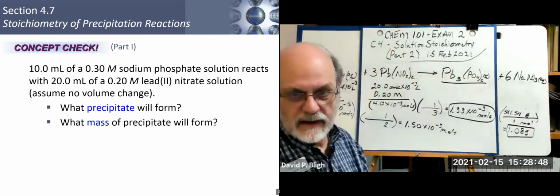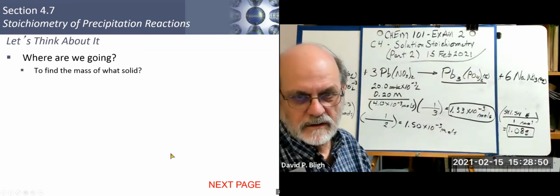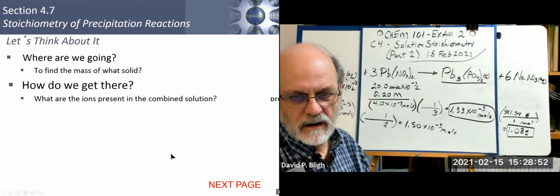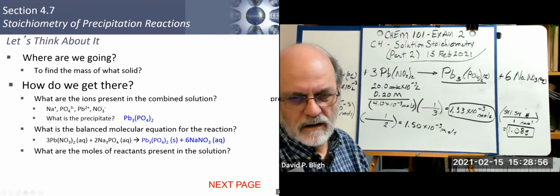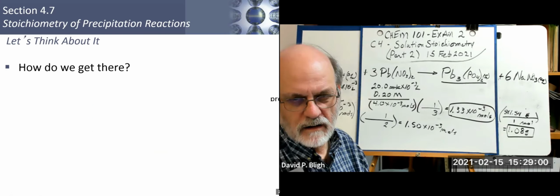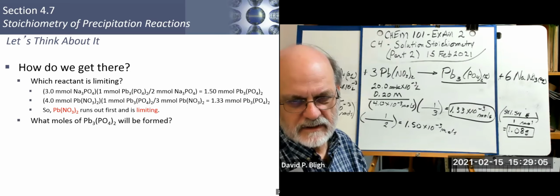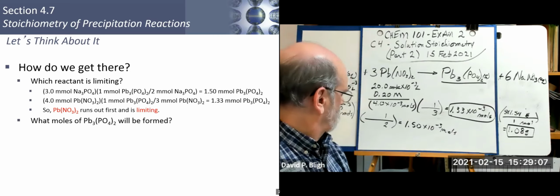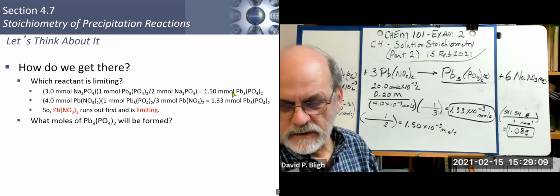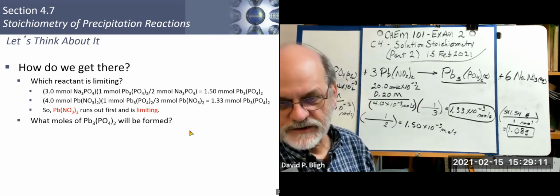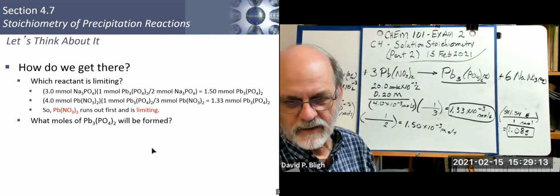Okay. Now let's see if I got even close. Okay, there's limiting. Yeah, the value of moles. Okay, I'll have to explain this in just a second. Let me see if my answer came out right.